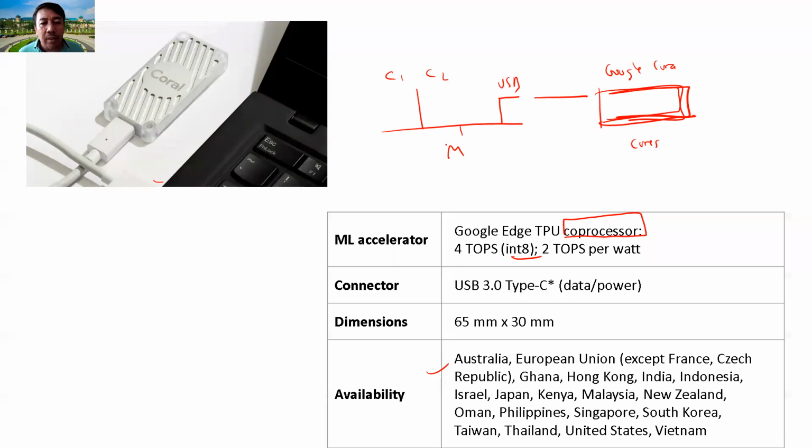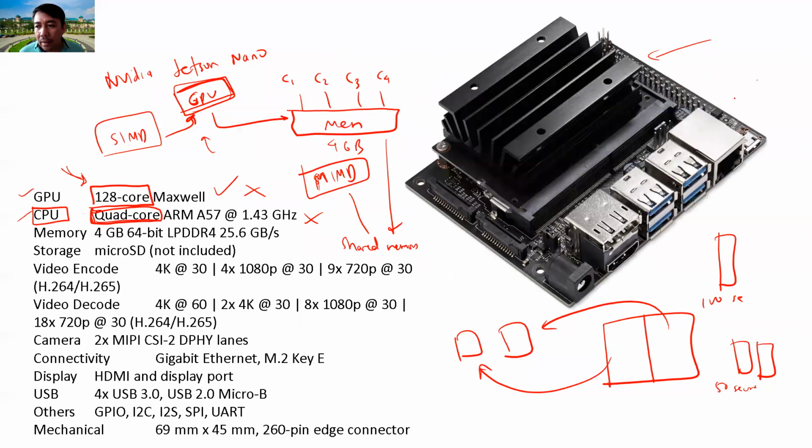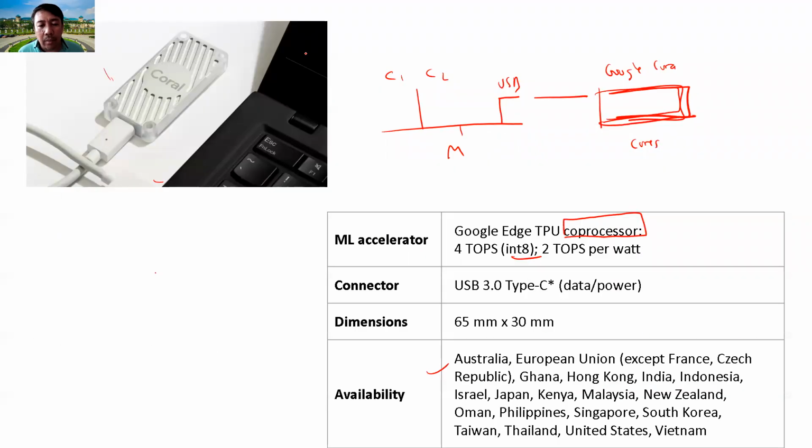So this behaves like the previous one, the NVIDIA Jetson Nano. But the good part of this one is that you can plug it in anywhere, even into a Raspberry Pi. You can have another one going to the Google Coral for machine learning, but the programming model is different, so it might be more difficult.